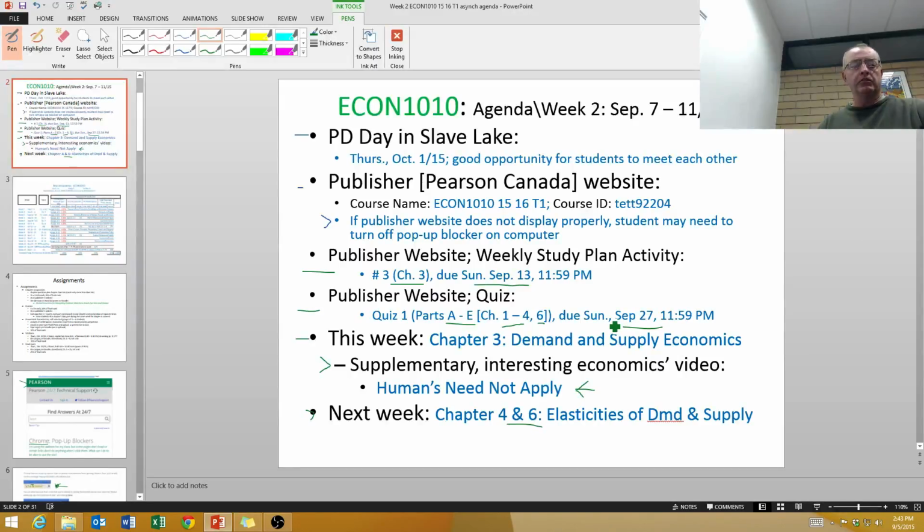However, these are economic principles, and they apply equally to finished product markets as they do to input markets or resource markets or factors of production. I like to call them factors of production.